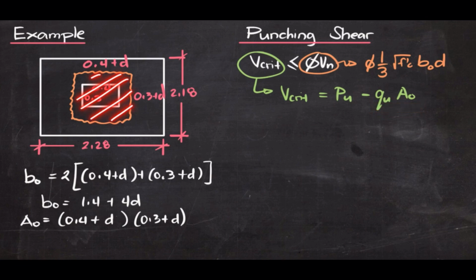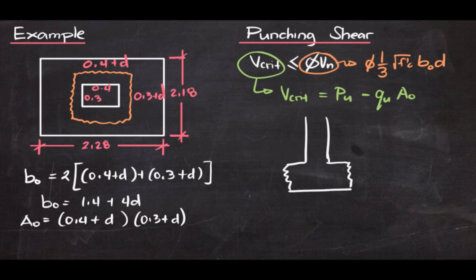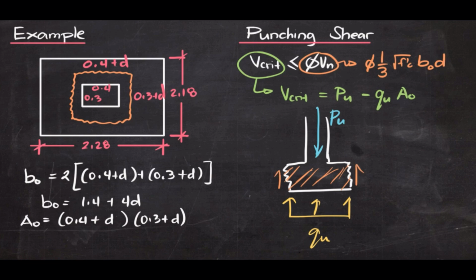Because if you isolate this column and draw the section, this would be the critical section, and you will have the contact pressure here, q sub u. And we also have here P sub u. The critical shear would be solved by summing the vertical forces.